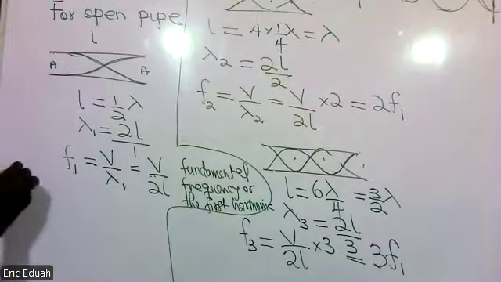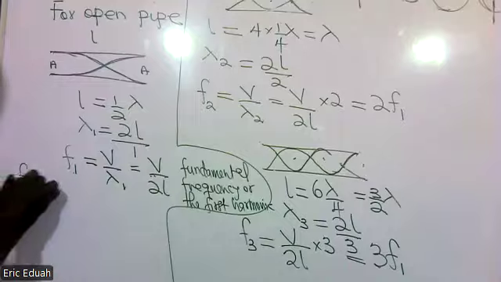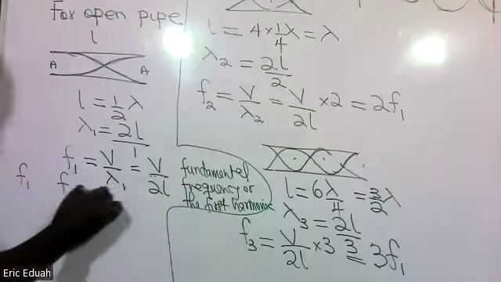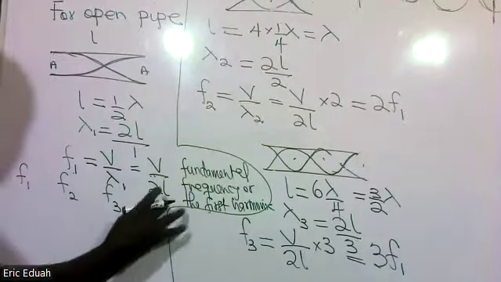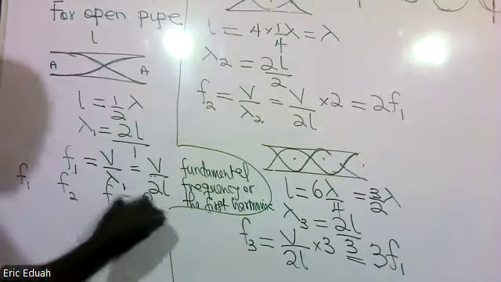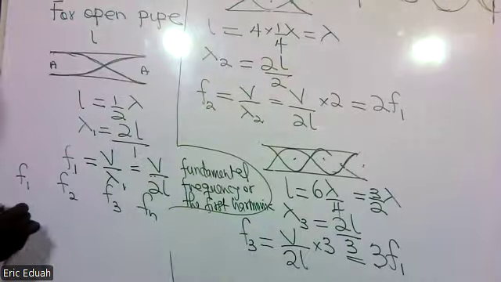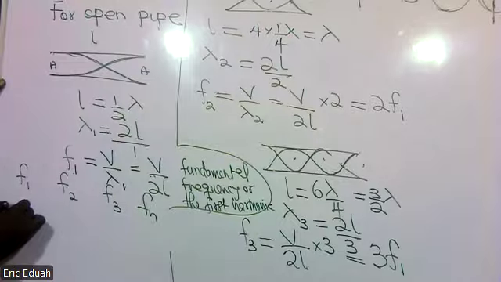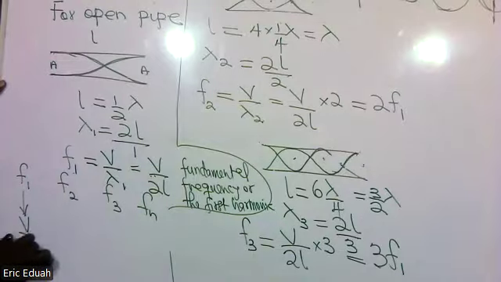So F1, F2, F3. Then let's have it for Fn. F1 is equal to V on 2L.